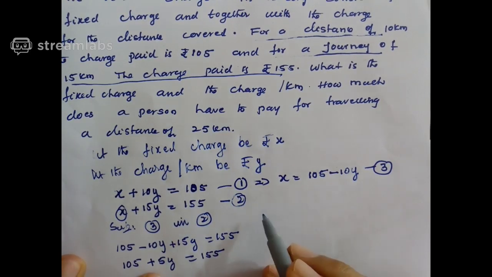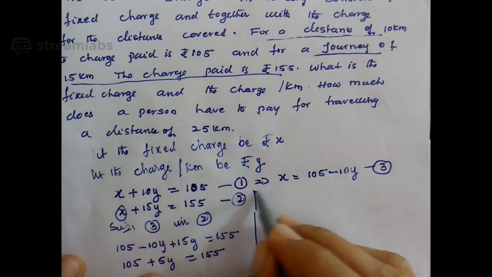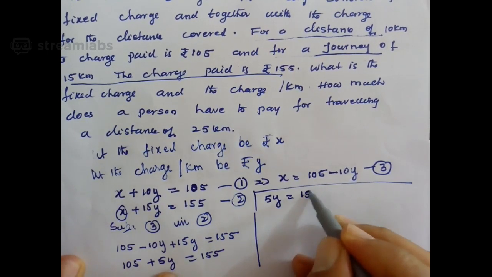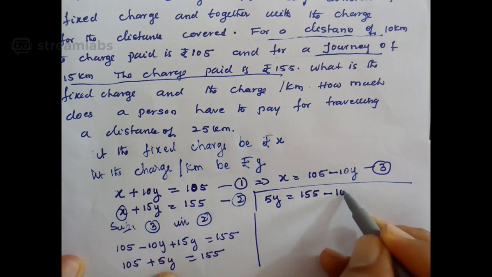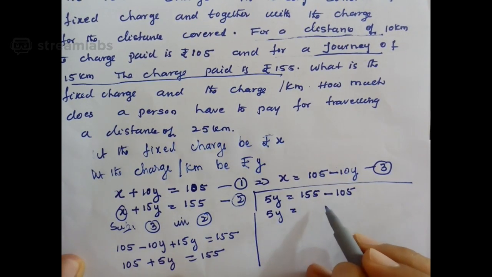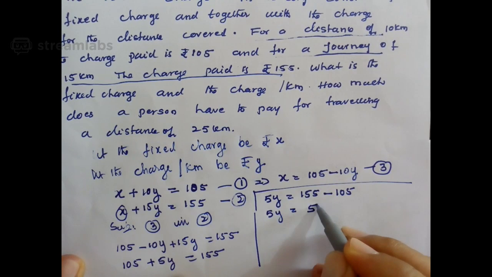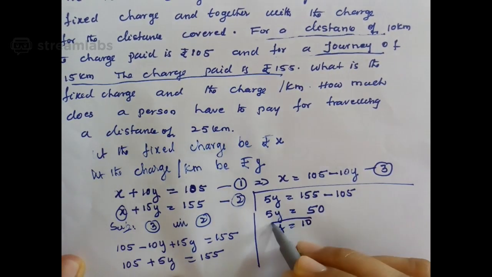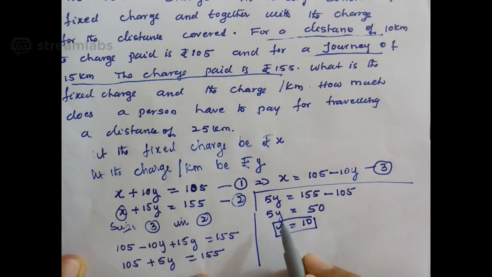Then 5y is equal to 155 minus 105, which is 50. Y is equal to 50 by 5, which is 10. Y is equal to 10.